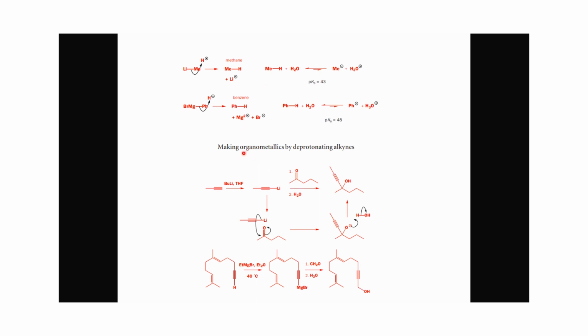Now, making organometallics by deprotonating alkynes. Consider that alkynes are sufficiently acidic, and we can make organometallics by deprotonating alkynes also.